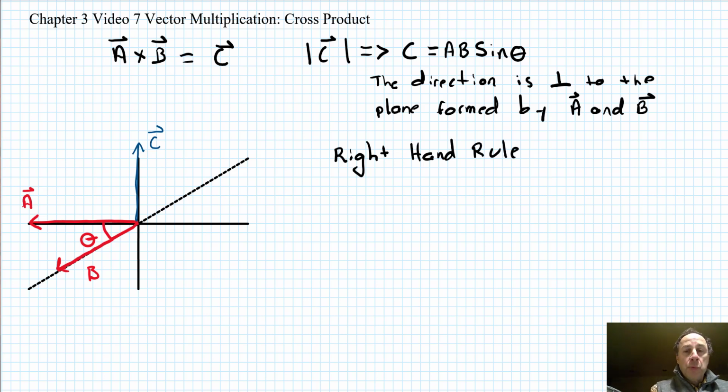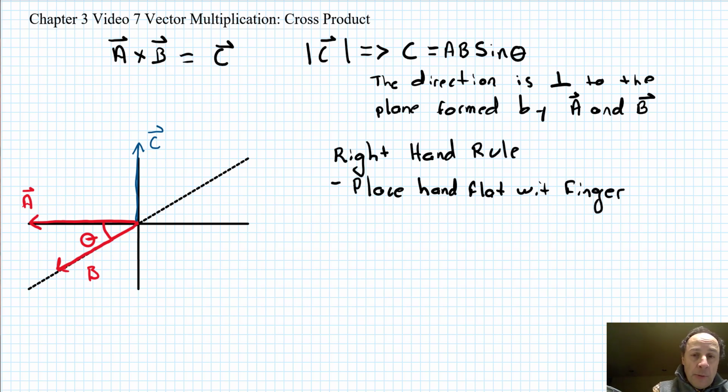So in the right-hand rule, you place your hand flat with fingers pointing along vector A, whatever the first vector in the cross product is.